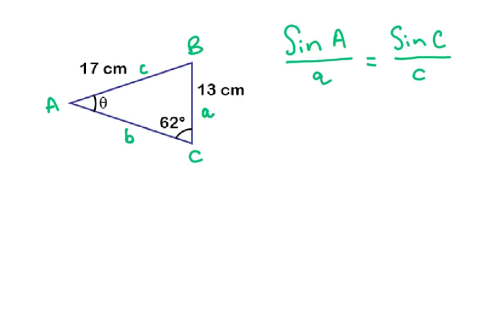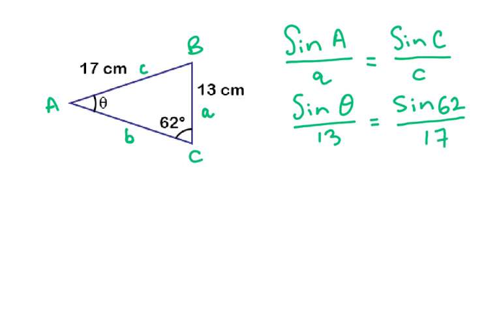So let's pop the information in that we have. So I've got sine A, and my capital A is a theta. So I'll replace that, and the side for A is 13. Sine C is going to be sine 62 over my little c, which is 17.